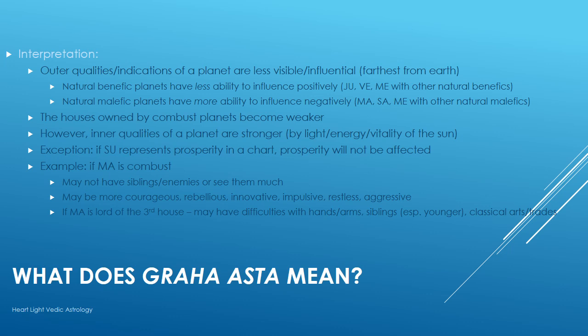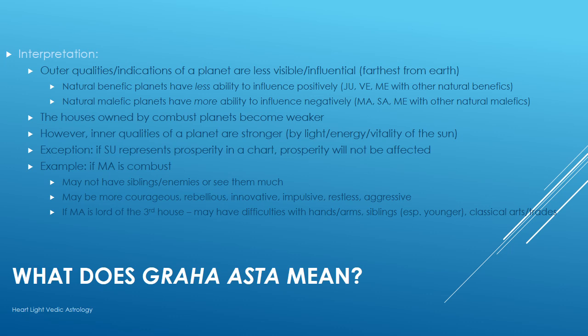An exception to all this is if the planet that's combust is related to prosperity, and in some people's charts, the sun can represent prosperity. For example, if it's considered the yogi, which is the planet that represents prosperity for a chart, or if it's a duplicate yogi, the sun would be considered a planet of prosperity.